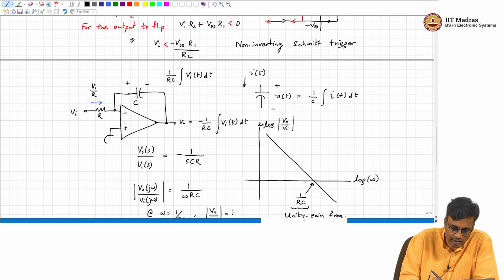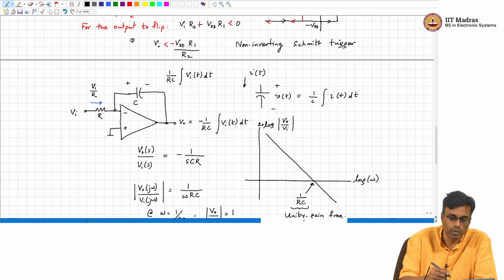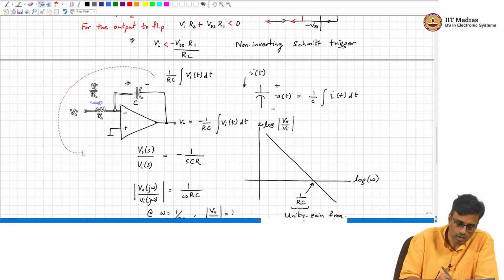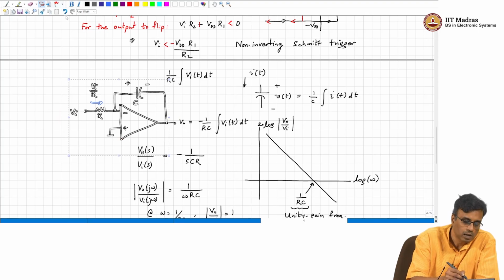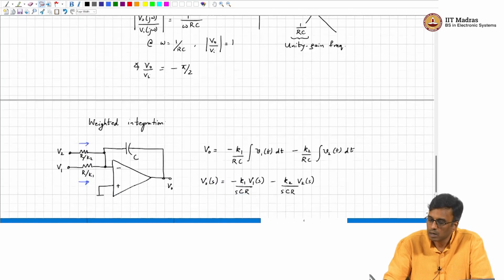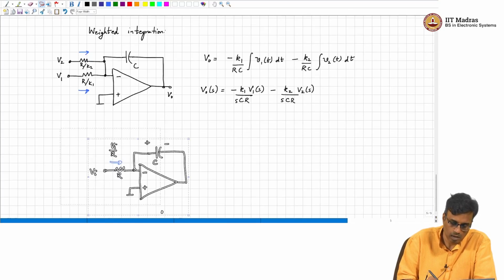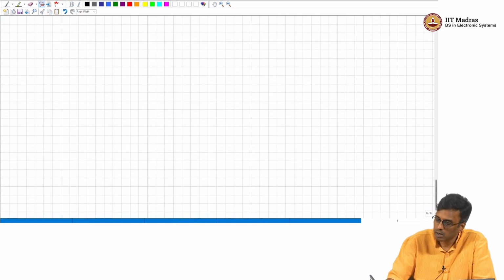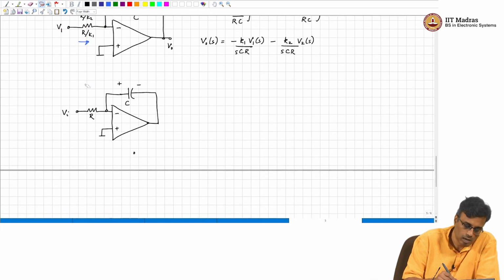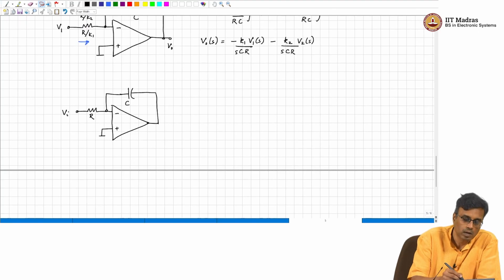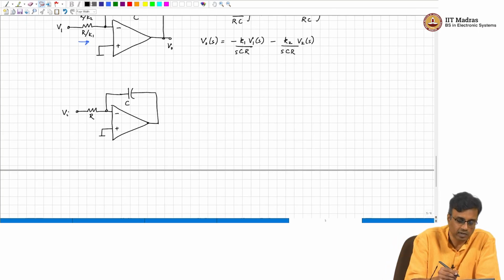Equivalently, there is some offset voltage. Every op amp will have offset.